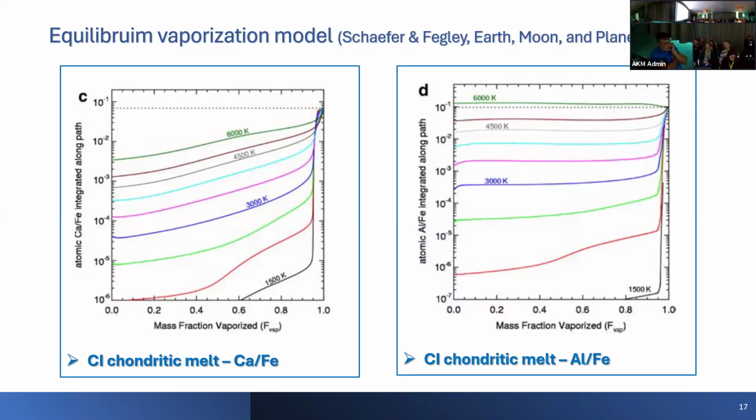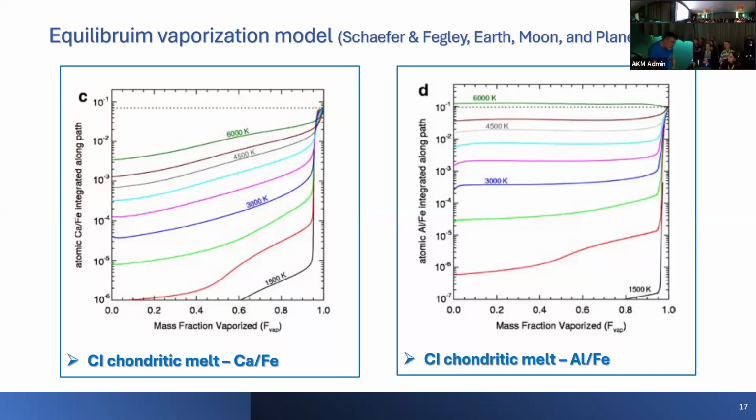And so this paper also confirms the expected trend that volatile elements like sodium and potassium start to vaporize first, followed by less volatile elements, for example, magnesium, iron, and so on.